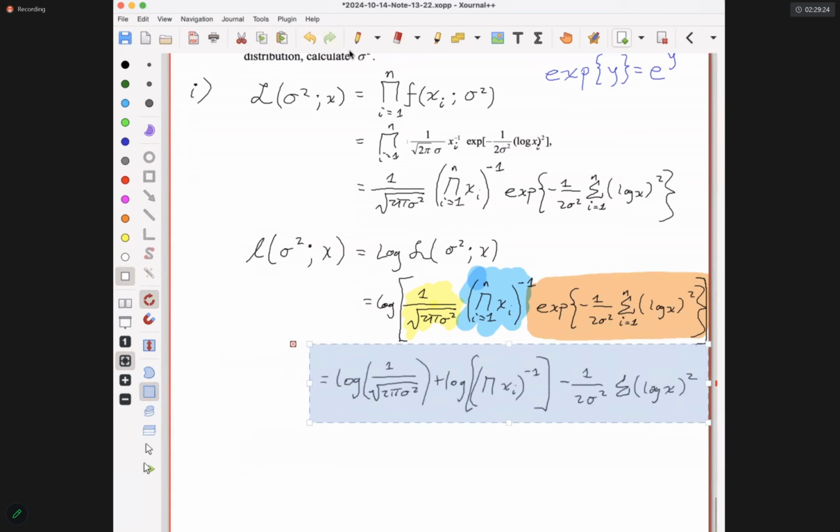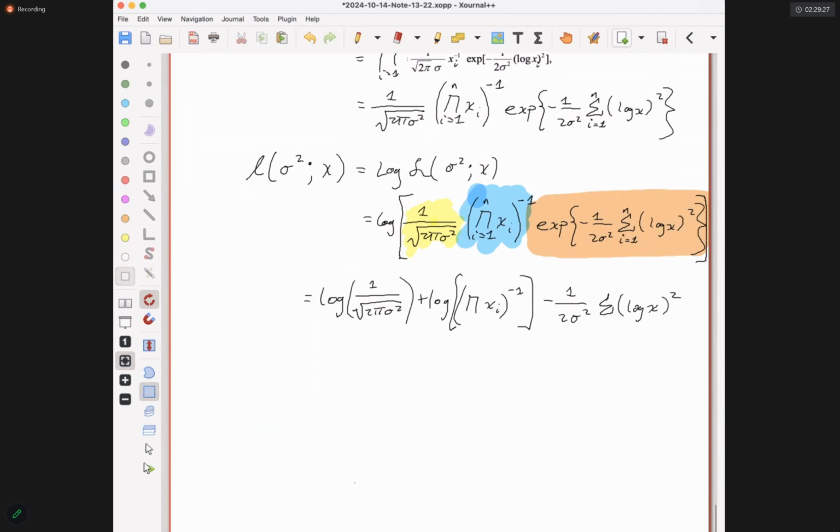And now how do we simplify this? Starting with that first term, since the numerator is 1, it's easier to just express this as the log of 2 pi sigma squared to the -1/2.